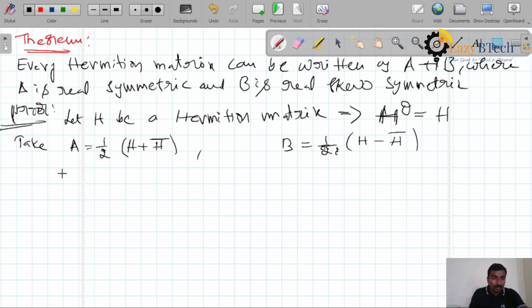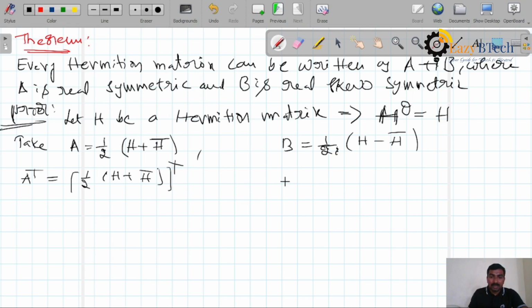So now I want to prove A is symmetric and B is skew symmetric. That means A is symmetric means A transpose equals A. Therefore first I want to take A transpose. Apply transpose on both sides: 1 by 2 into H plus H bar, whole transpose.